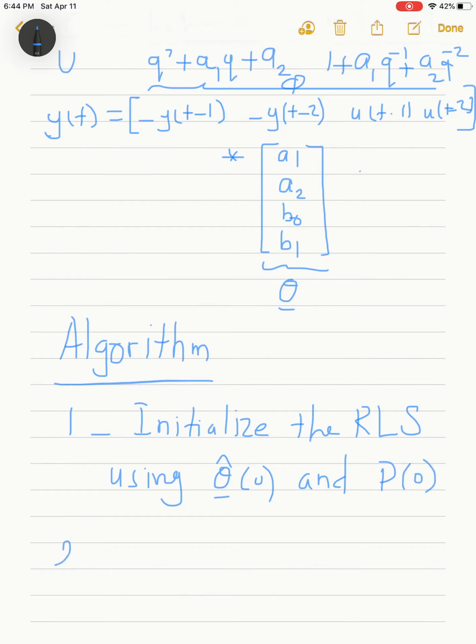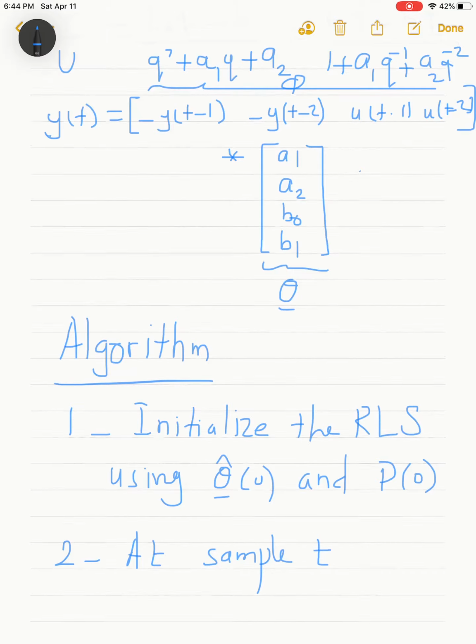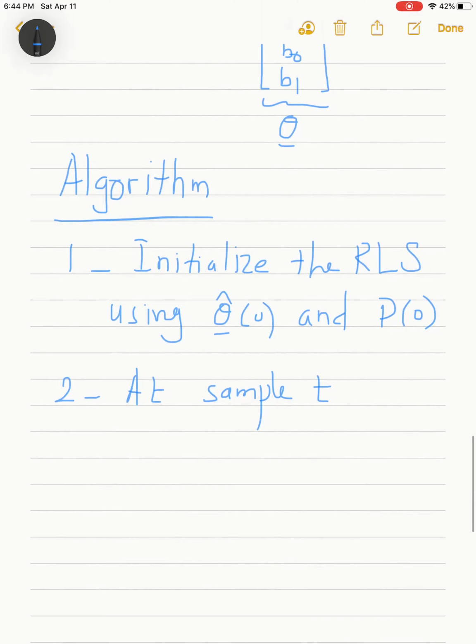The second step, at sample t, we first measure the output of the system.